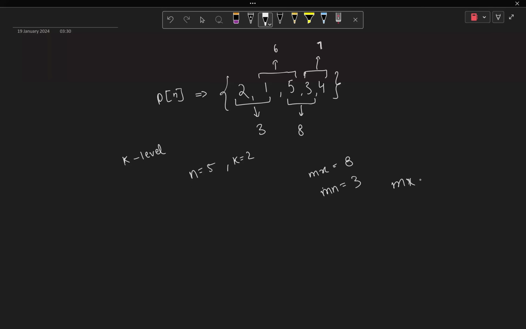Here mx minus mn is actually turning out to be 5. If it comes out to be either 1 or 0, in that case it is a k level permutation, else it is not. So does the problem make some sense here? We will be given some n and k and we will have to print any permutation which satisfies this condition.